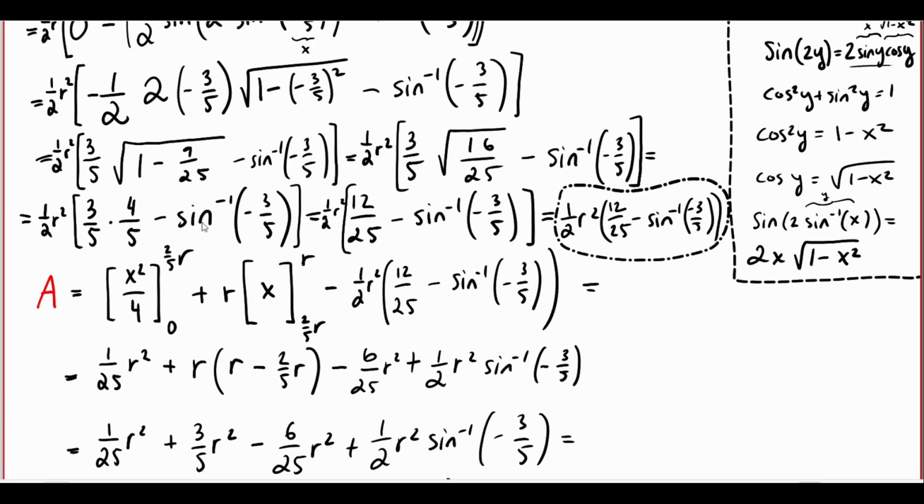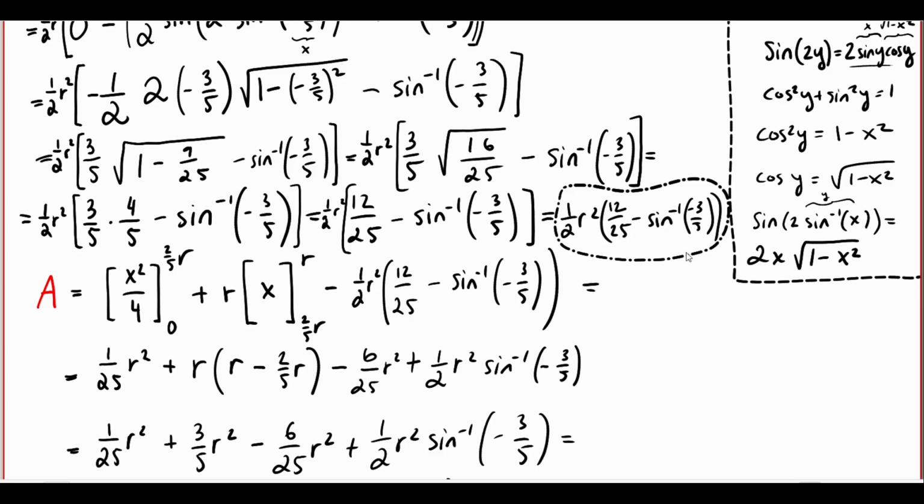And then this is the same as 12 over 25 minus arcsine minus 3 over 5. And then this equals 12 over 25 here. And then we have the 1 over 2 r squared minus sine arcsine minus 3 over 5 here.